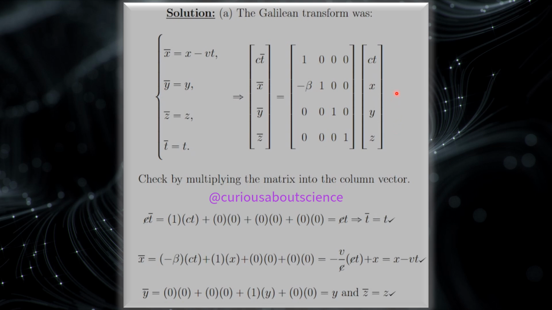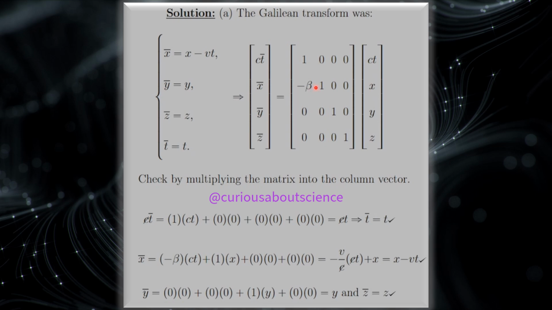And if you remember, matrix multiplication tells us that we have the row of the matrix before it gets multiplied into the column vector of the matrix after it. So first row to the column gives us the first entry. So we're simply saying that a 1 times ct gives us ct bar, and that's accurate. Cancel the c's on both sides. Check. Beta here is equal to v over c.